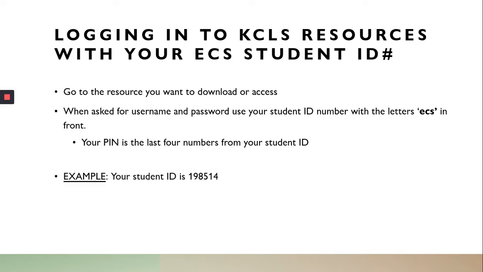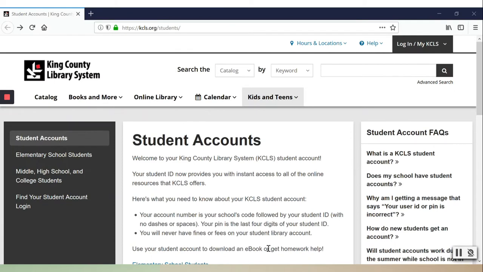So for example, if your ID number is 198514, you would key in ECS 198514, and then the PIN would be the last four numbers of your student ID number. So here's a brief video from the King County Library System that will explain this in more detail.